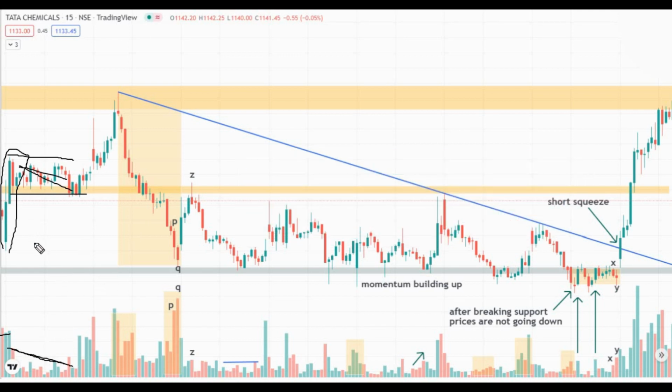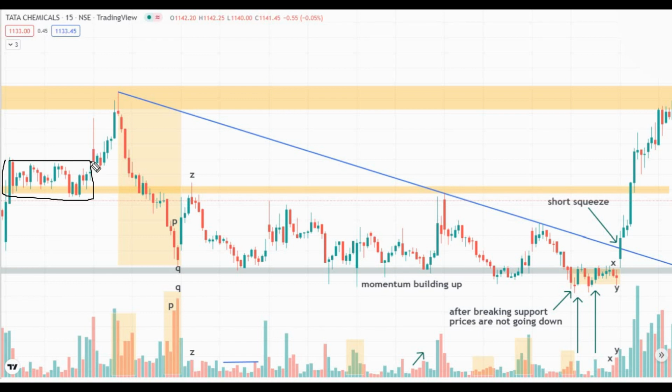So we could say that this buying phenomenon happening here is very strong, and the demand is overcoming supply very aggressively.